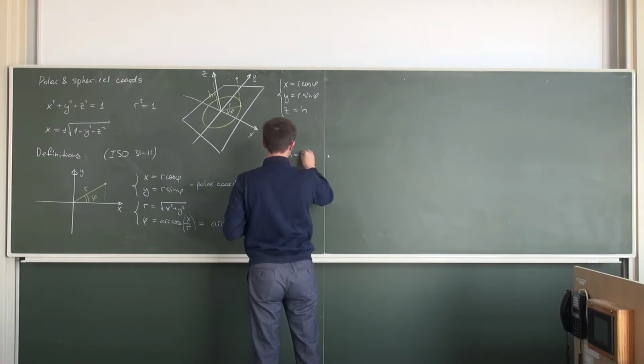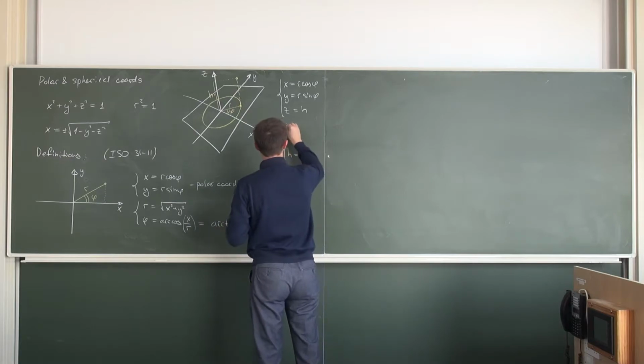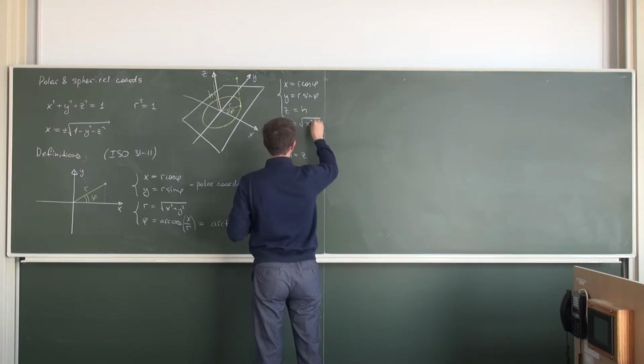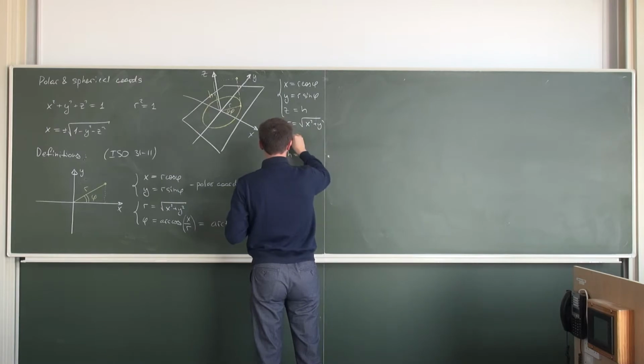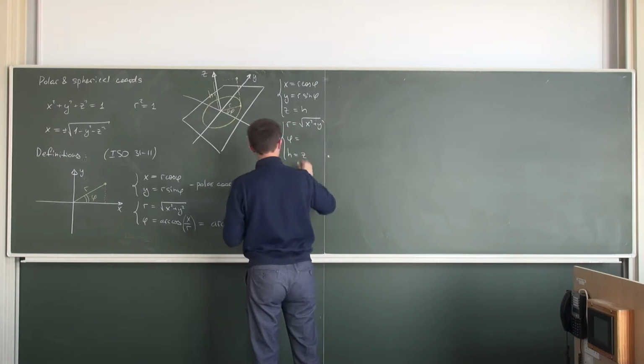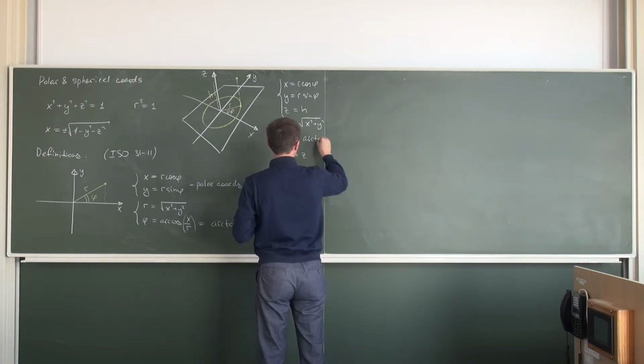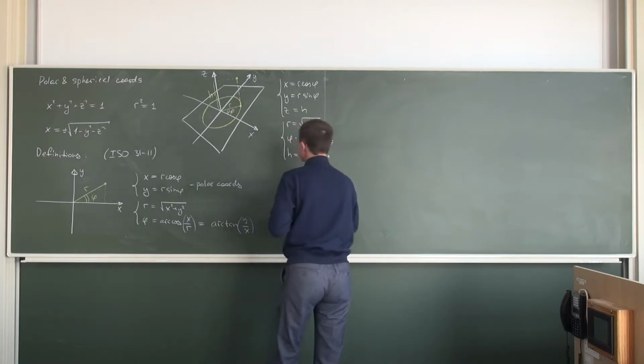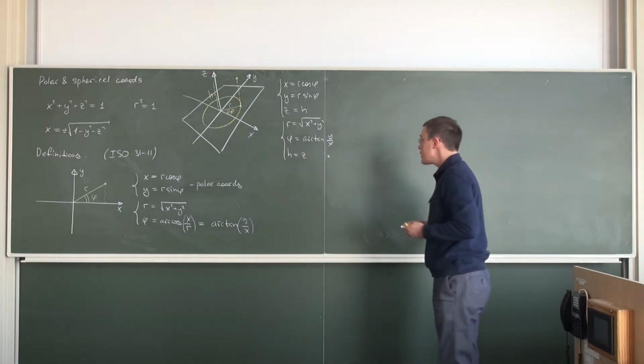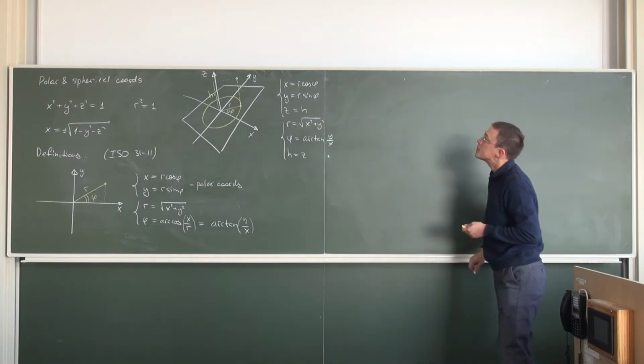So h is z, then r is root x squared plus y squared, and our angle phi is the arctan of y over x. Okay, so this is for cylindrically symmetric systems.